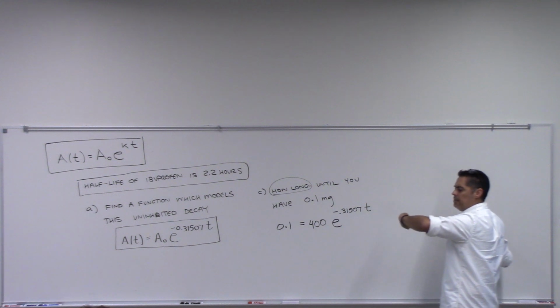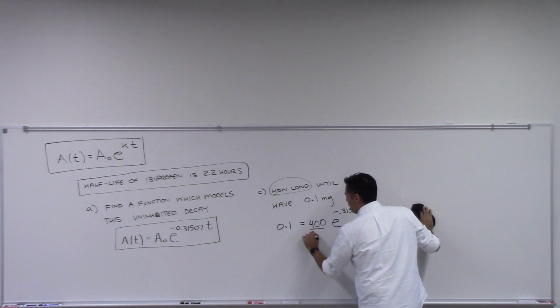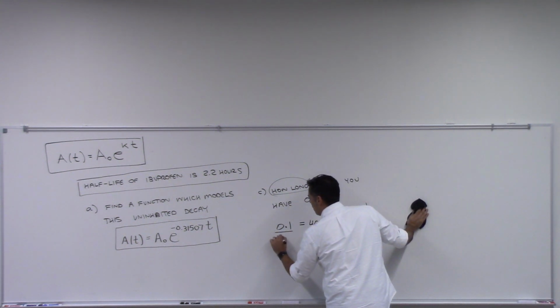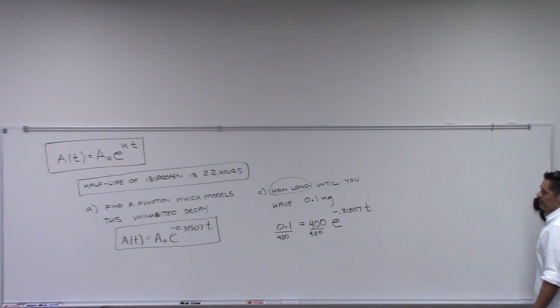All right, what would be your first step here to solve for t? You got to get that 400 out of there before you can bring in a log. So I'm going to divide both sides by 400. It's going to give me an even smaller decimal, right? What is it?